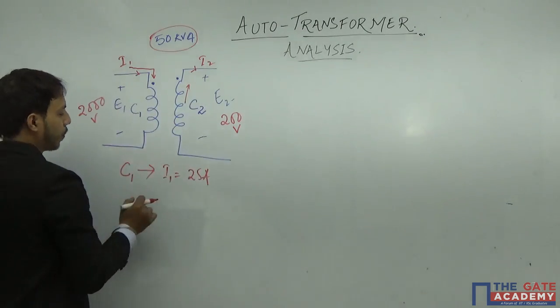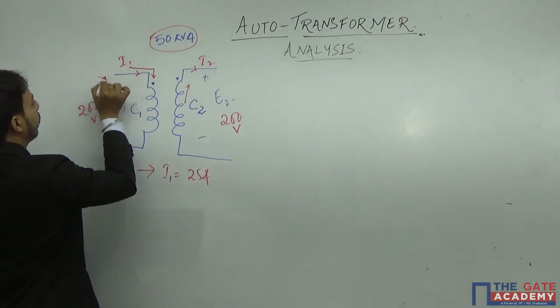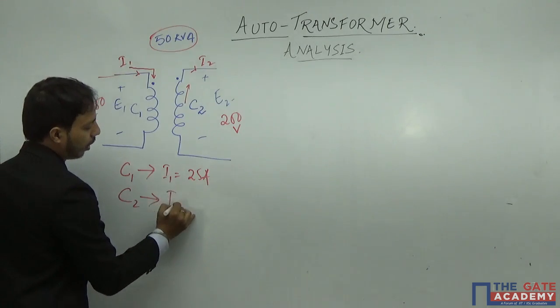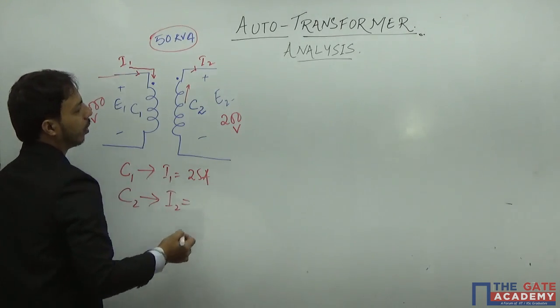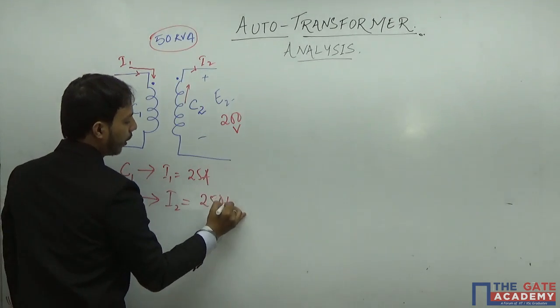Also V1 we know is 2000 volts. Now coil 2: I2, since the voltage is less here, easily I can say that this will be 250 amps.